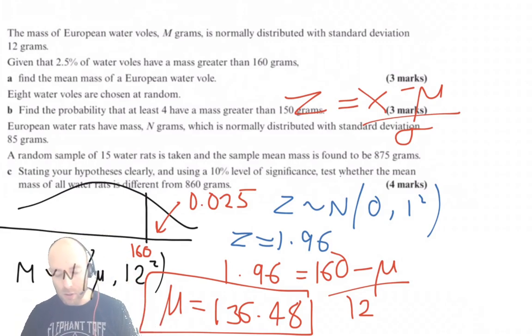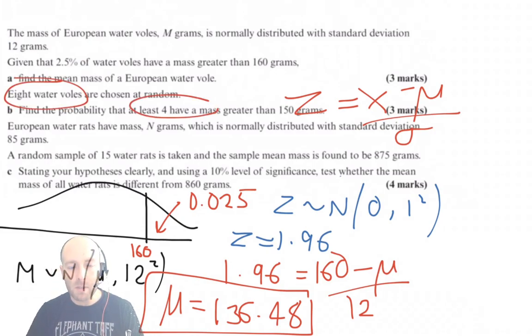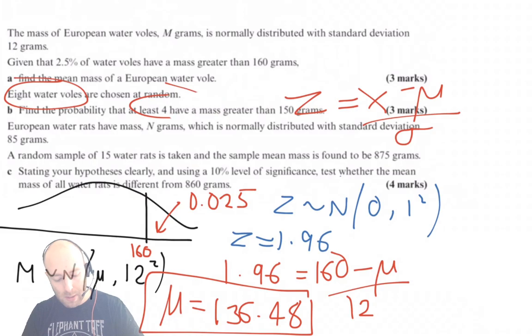is a binomial question. The reason I know it's binomial is because it says 8 water voles are chosen at random, find the probability at least 4. So when you're dealing with numbers of things, it's a binomial question. So if I make some space, we need that probability, so I'm going to write that down at the top.